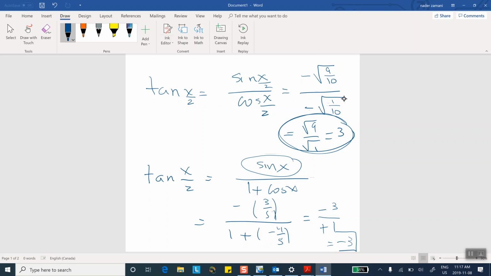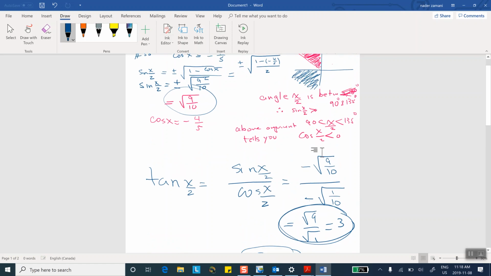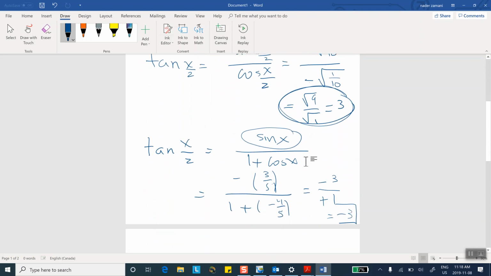Cosine, this was correct. Now let's go here. We were told that cosine of x is minus 4 over 5, so just put it in there. Now, what is sine of x? Because you are in this region, sine of x is also negative.